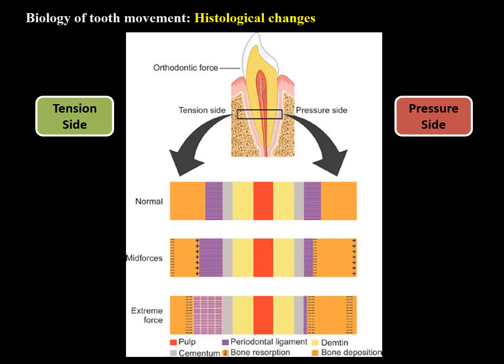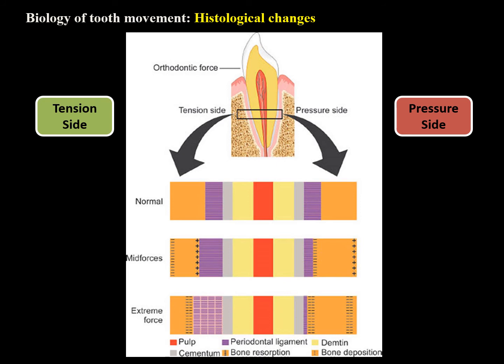So here is an image showing the extent of changes occurring in different parts of the tooth or the periodontal ligament apparatus. So when there is normal force, what happens? What stretches, how these tissues undergo changes is shown in that image.